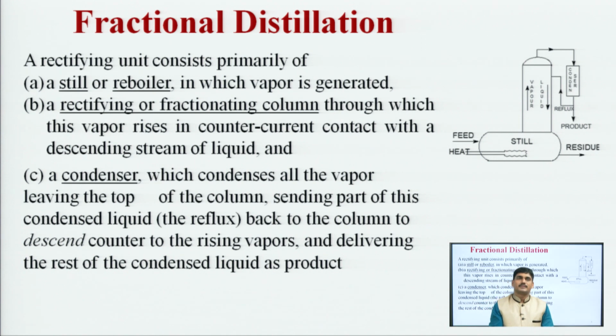As explained in previous slides, the rectification unit, or fractional distillation apparatus, consists of 3 different parts. What are those parts? The first one is a still, or we call it a reboiler.